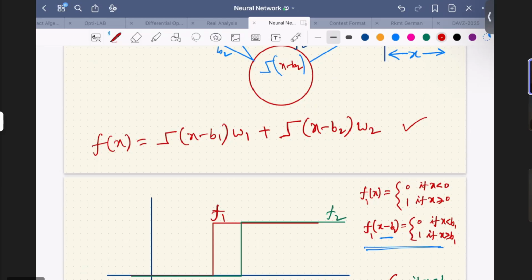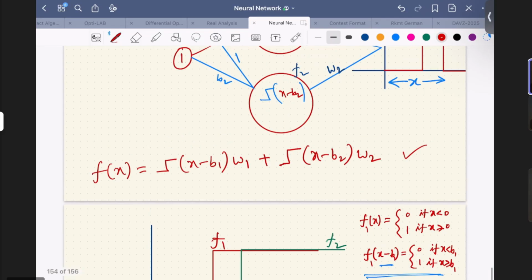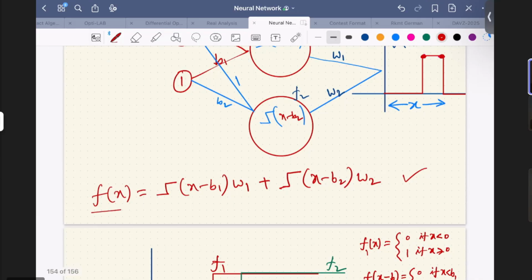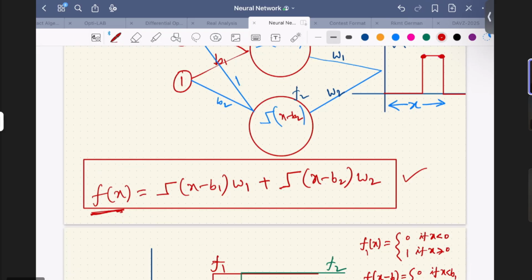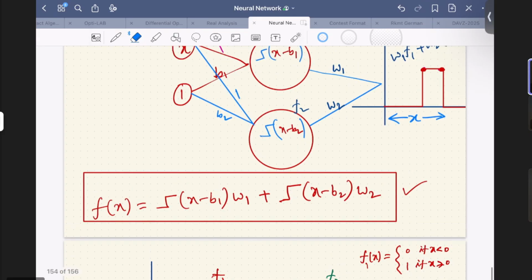Applying this function over the real line, I will get a single signal. If you put some b1, b2, w1, w2, you will get a signal like this one.